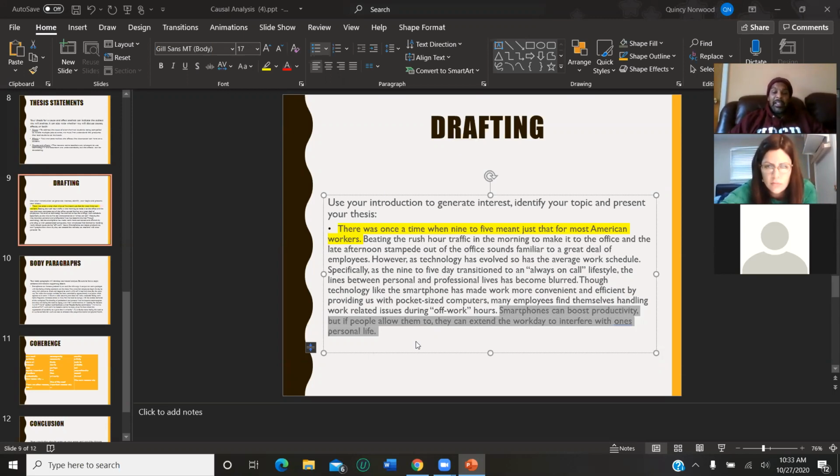Break down your idea in the early stages of your essay into its most simple form. What do you want to say in your essay? And say it as simply as possible. And then kind of build from there. I can't remember if we talked about your topic, but think about your topic and then think about the causes of it or the effects of it and try to say that as simply as possible.